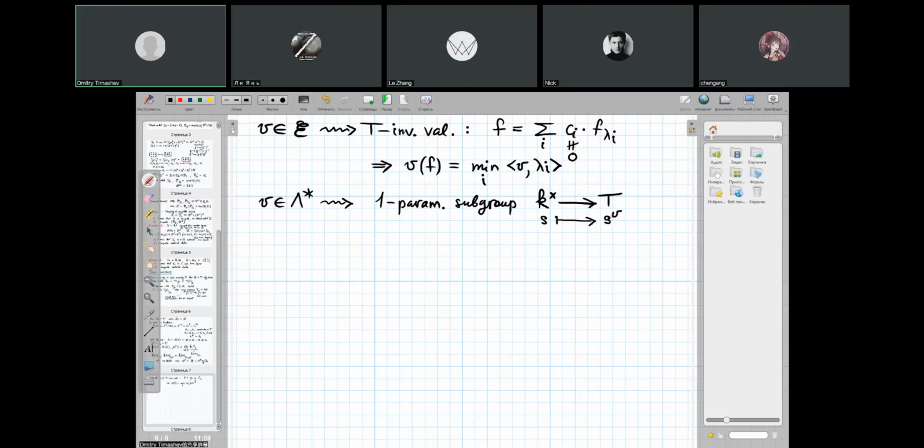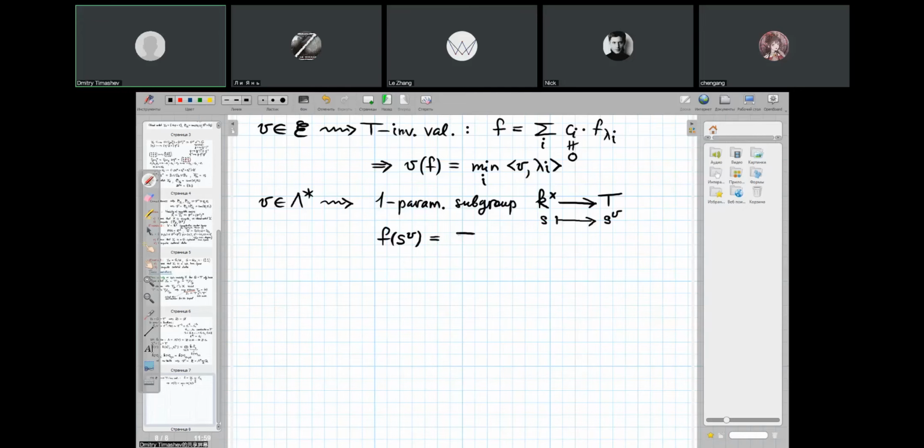This in particular means that if we compute the function f from above at this element S to the power V, then we get the following.